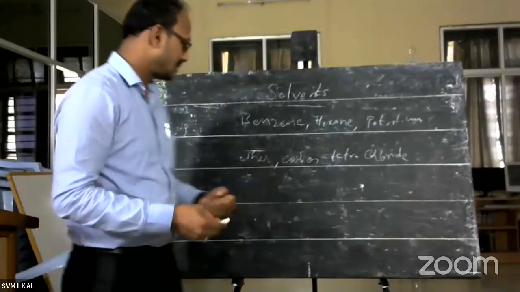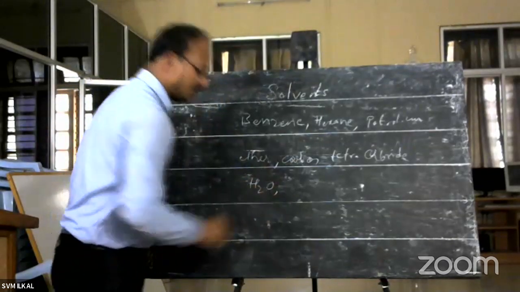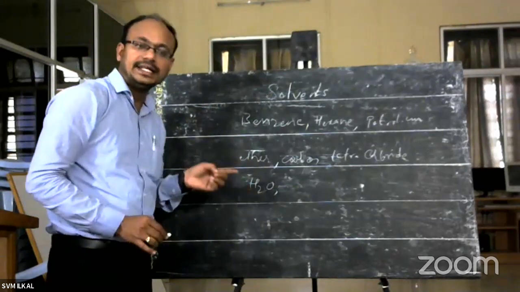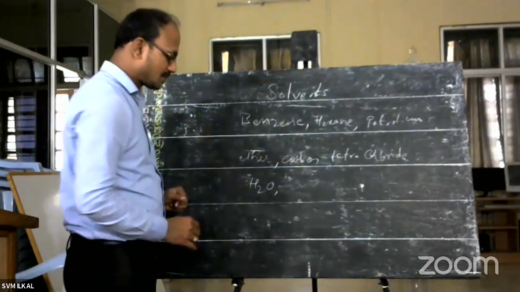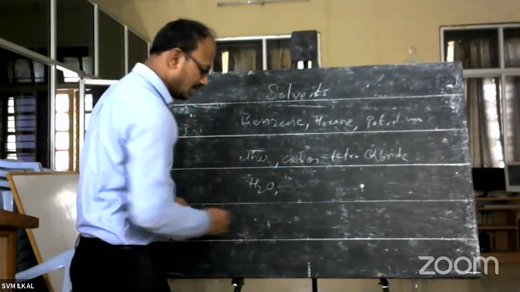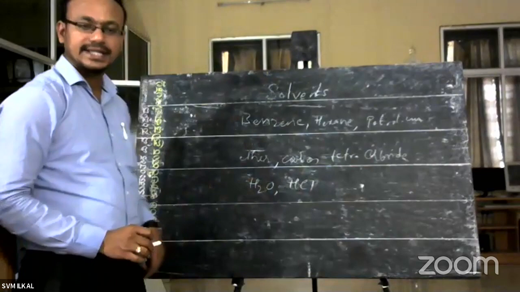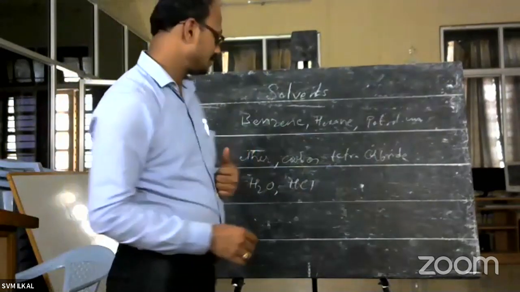I can give an example. We take H2O, which is highly polar in nature. I can give one more example, an acid, HCl. This hydrochloric acid is a gas, but I am giving the example for what polarity is.